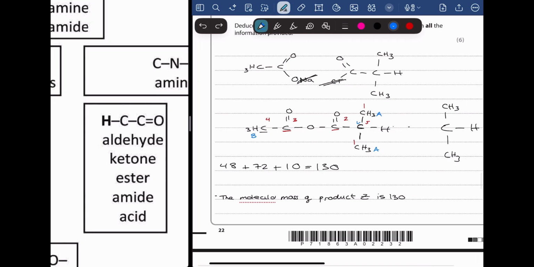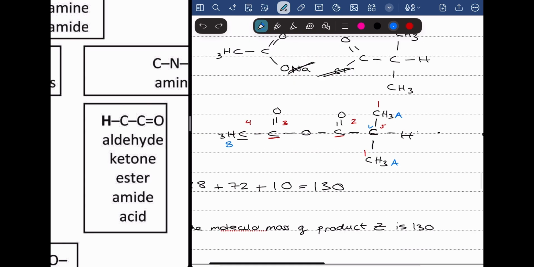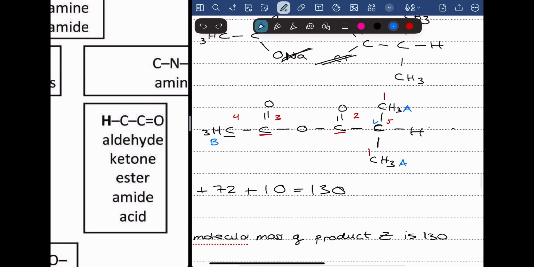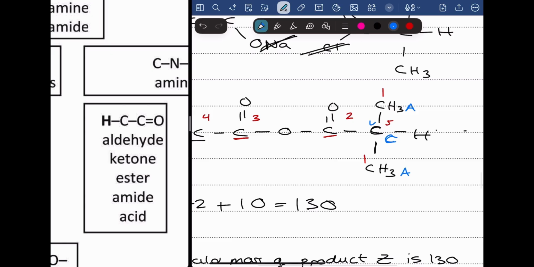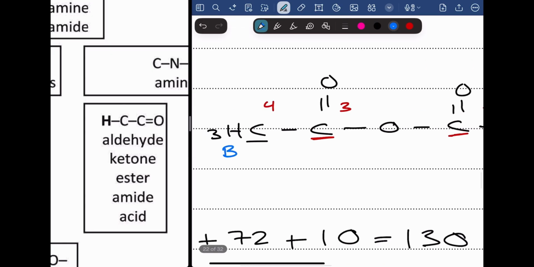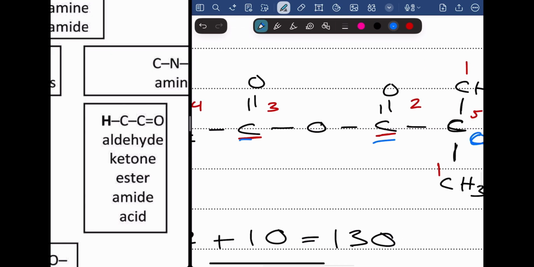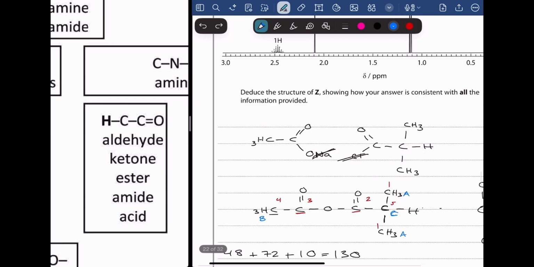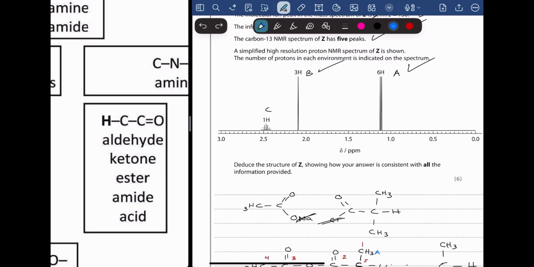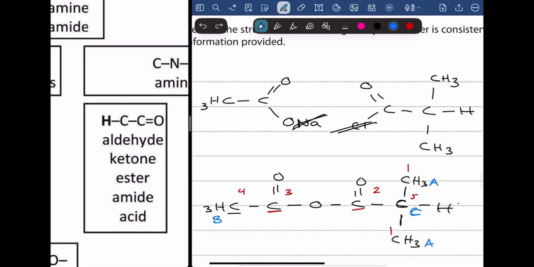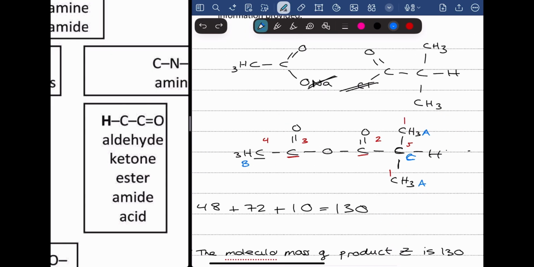So we can say that this is C here, right? And let me just get rid of that. And bear in mind, these carbons, obviously, they don't have a label because there's no hydrogens attached, which means there is obviously no peaks here. So we said that there was 5 carbons, but we've only got 3 peaks because these carbons don't contain any hydrogens.